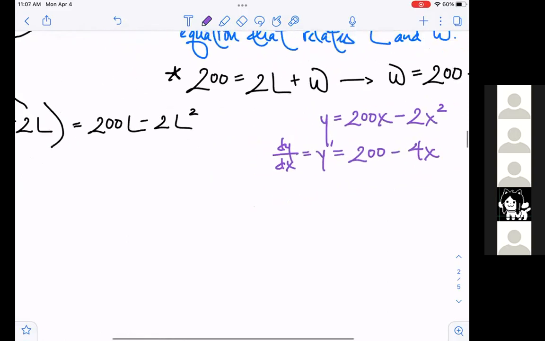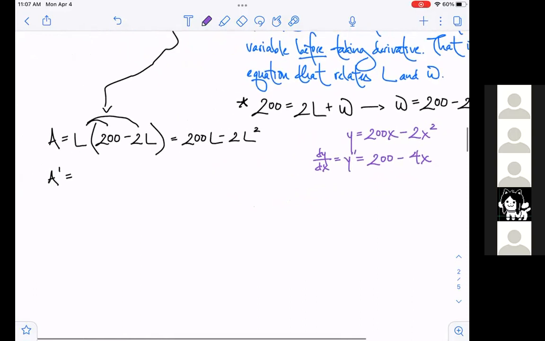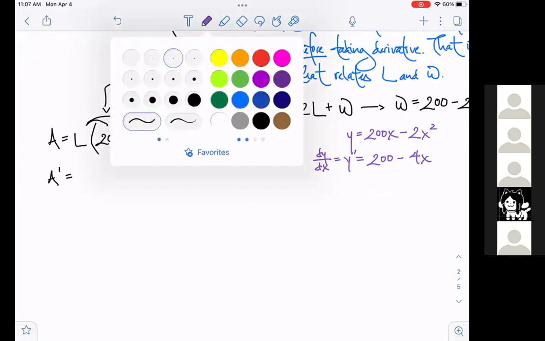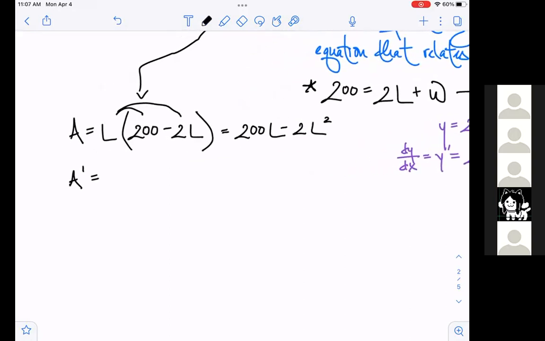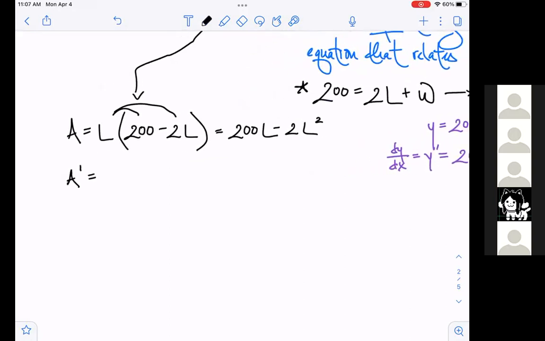Now, I want us to take this example in the purple, and I want us to write an equivalent statement for this derivative. So this 200x minus 2x squared is like our 200L minus 2L squared. So what do we get for our derivative, a prime? What does a prime equal? 200 minus 4L.